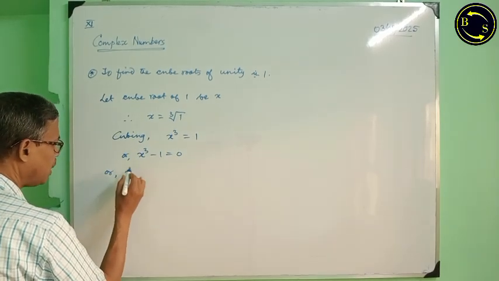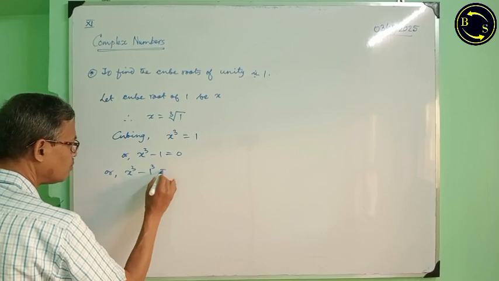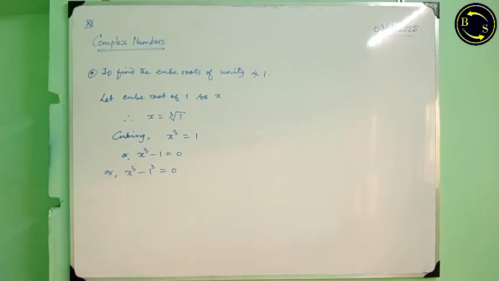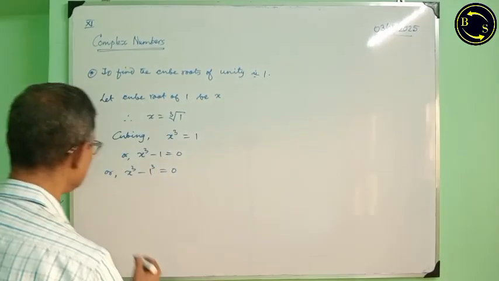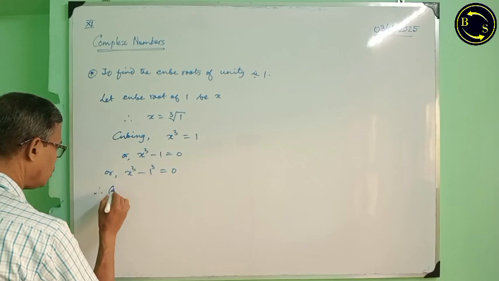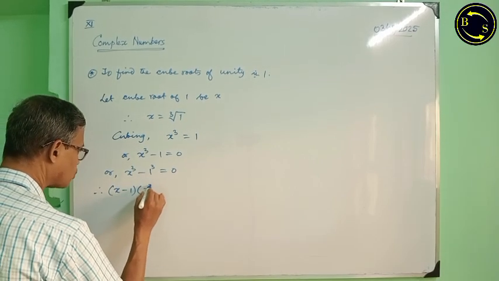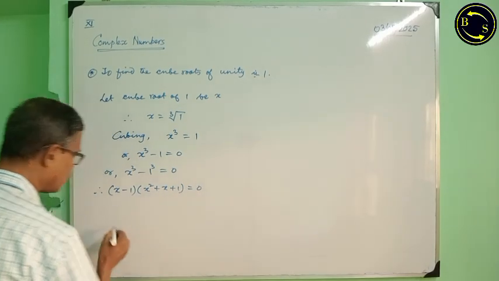Or x cube, 1 can be written as 1 cube form. Now this is of the form a cube minus b cube. We apply factor form. Therefore, x minus 1 into x square plus x plus 1 equal to 0.